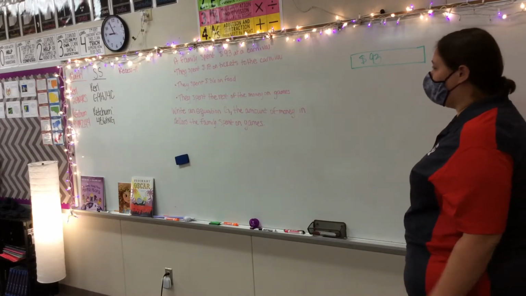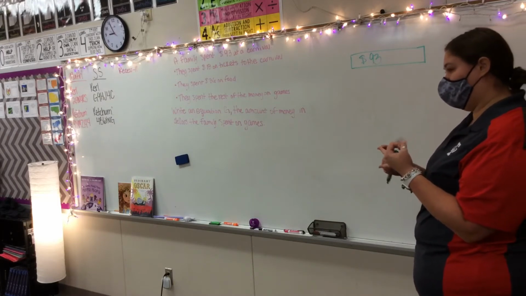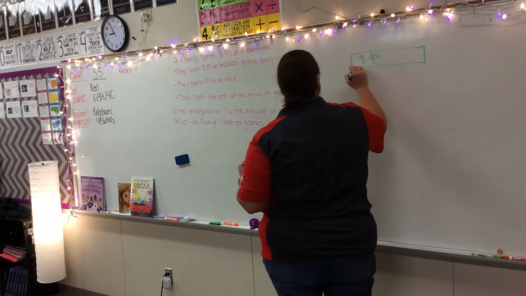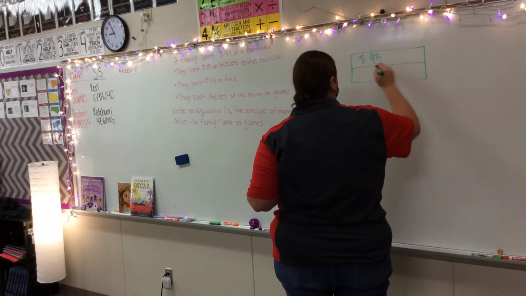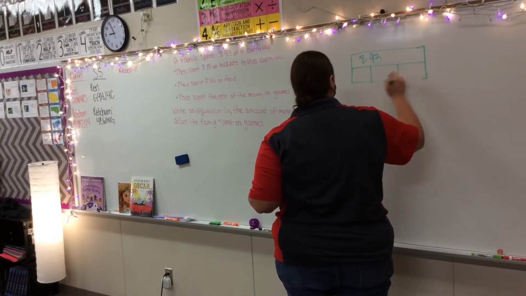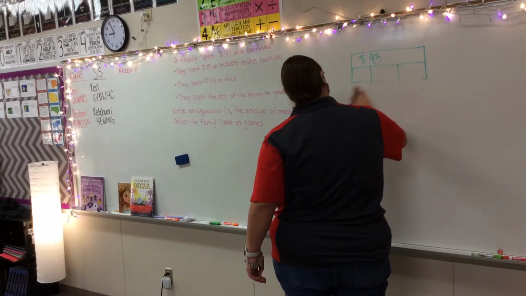I know they spent money on tickets, food, and what else? Games. So I'm going to draw my line down here. And down here I'm going to have 3 sections, right? I'm going to call this tickets.